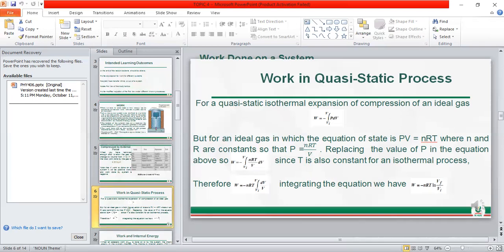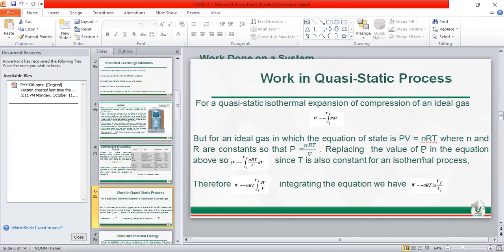So for a quasi-static isothermal process, that means it is independent of what? Expansion or compression of an ideal gas is given as that equation. But for an ideal gas, in which the equation of state is PV equals nRT, you know this ideal gas equation, right?